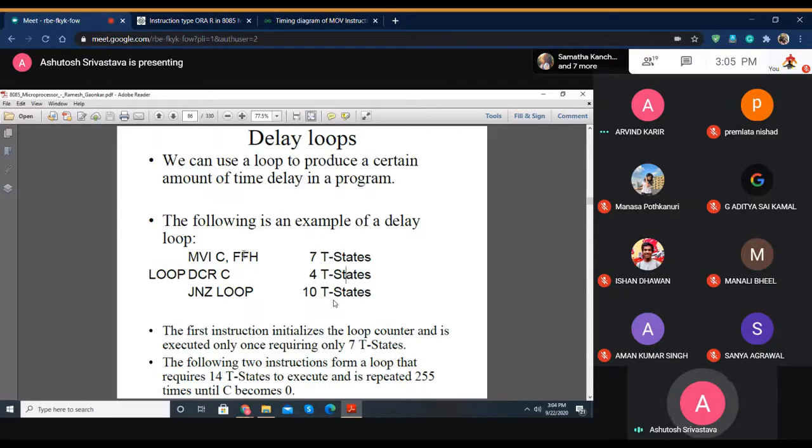And we already know that for each individual instruction there are equivalent T states associated. Like MVI has 7 T states, DCR has 4 T states, JNZ essentially has 10 T states.